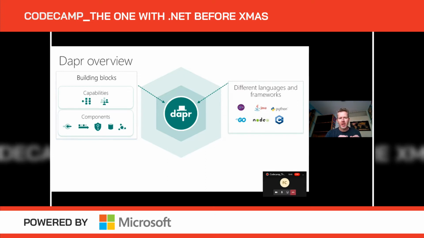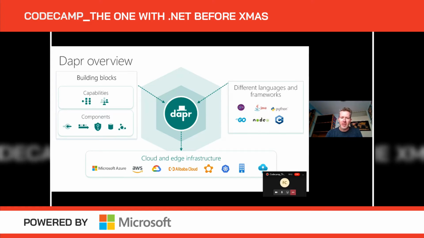The capabilities are the way that you can make calls from one Dapr component to the other, and the actor programming model, and the components are things like input and output bindings, storage, there's key management, there's tracing involved. Well, a lot of things that you can do, and we'll cover quite a few of them.